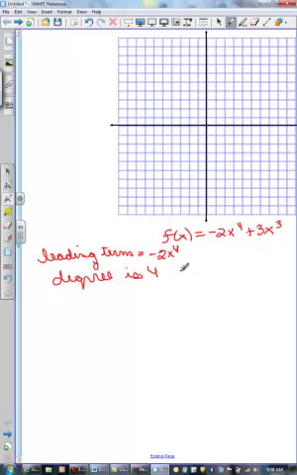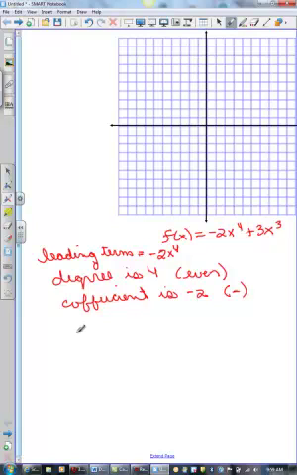Okay. We know that 4 is even. And the coefficient is negative 2. Okay. So we're dealing with even degree, negative coefficient.